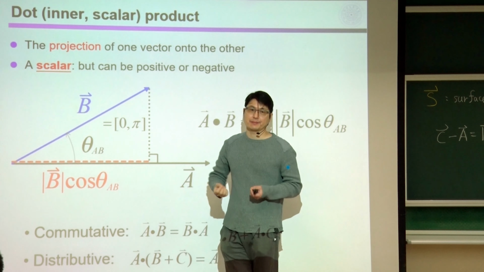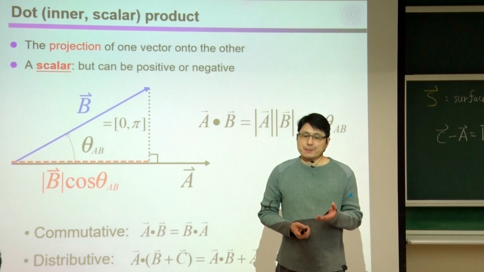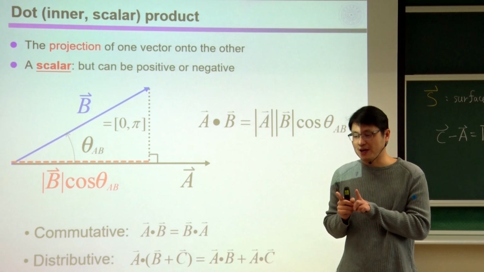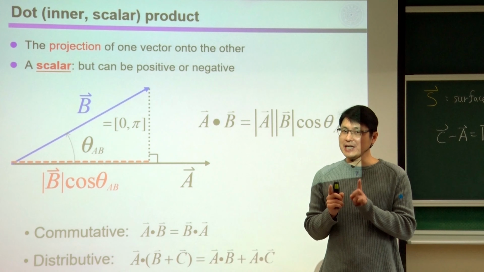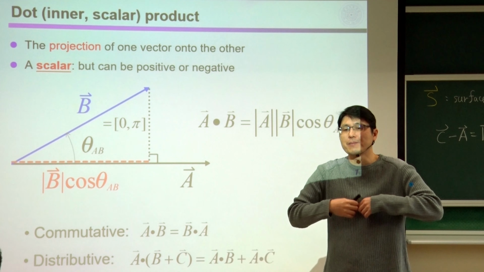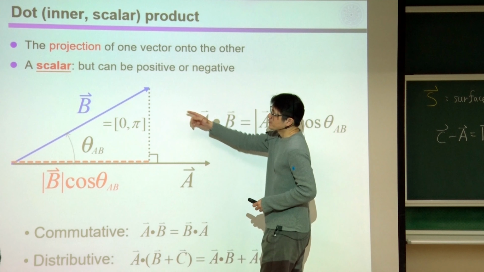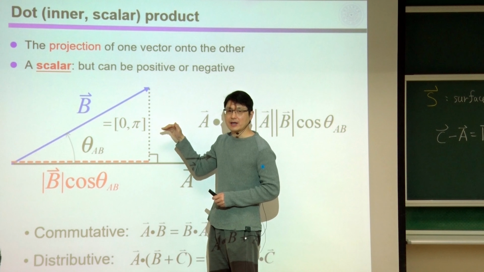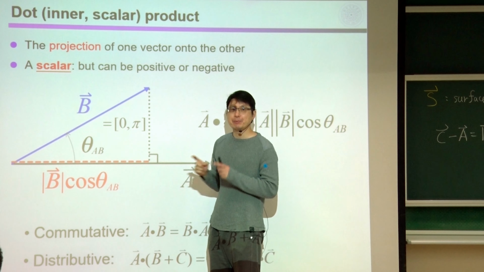That's called projection. Okay? Another way to explain it is making a dot product between two vectors is trying to find out how likely they are, or how much in common they are. So for this case, if you want to maximize the dot product between A and B, how should B and A be related?